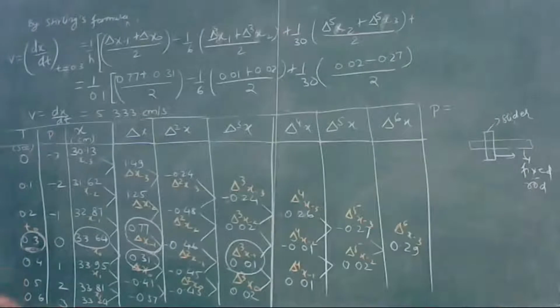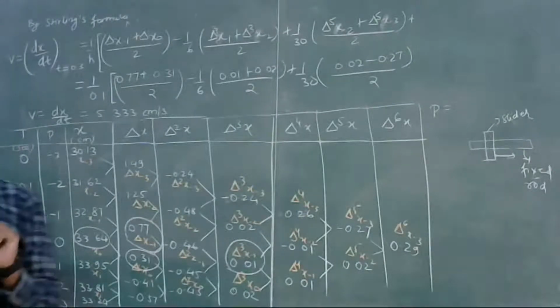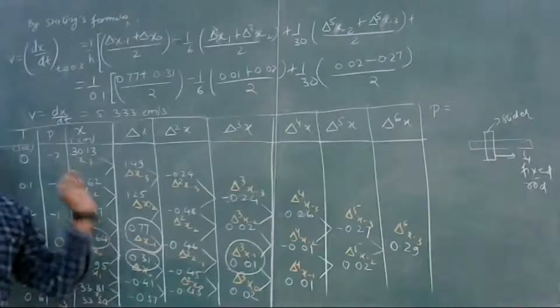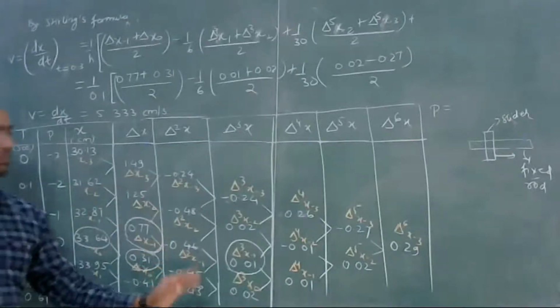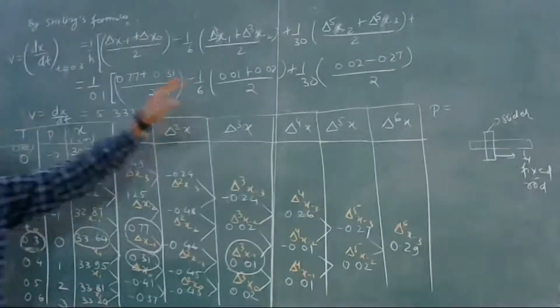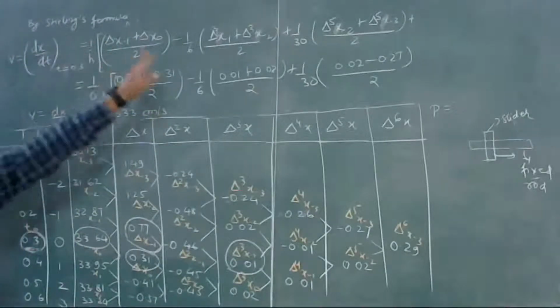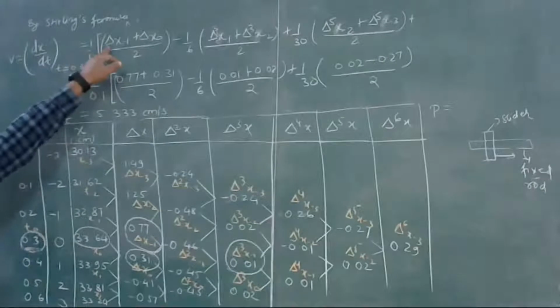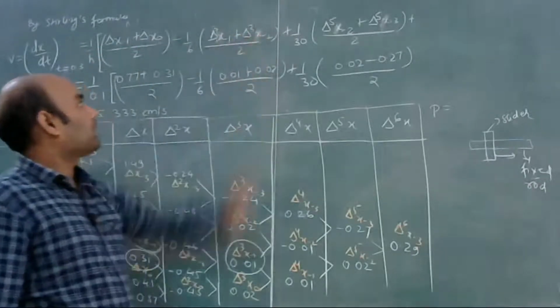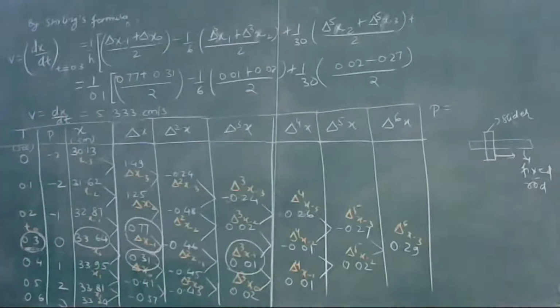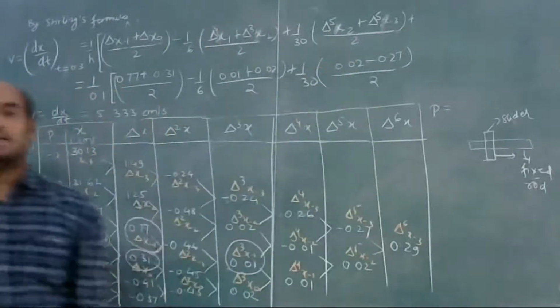Whenever you have to find the derivative at the middle of the table, we use Stirling's formula. So first you should know which formula has to be applied. Here we use Stirling's formula. So you need to find del x minus 1, del x naught, del cube x minus 1, del cube x minus 2, del to the power 5 x minus 2 and del to the power 5 x minus 3.